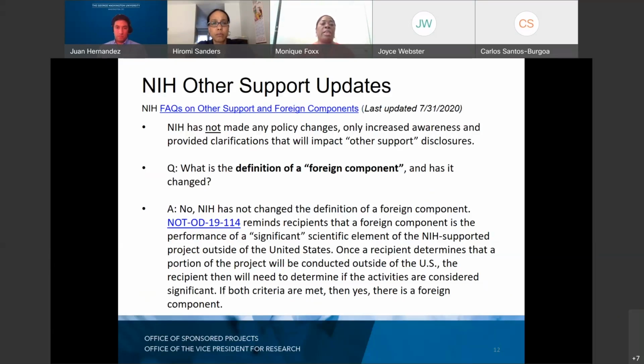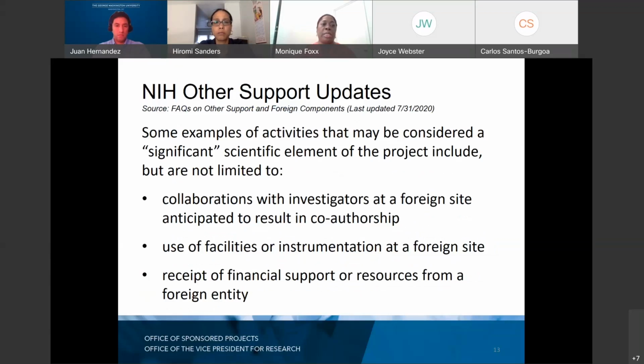The first one is if the project or activity is being performed outside of the US, and then you, the researcher, have to determine if those activities are considered significant. Remember, significant can be subjective, but again, NIH has clarified their definition that they're expecting disclosures for all research endeavors and any resources supporting that. If both criteria are met, then yes, there is a foreign component.